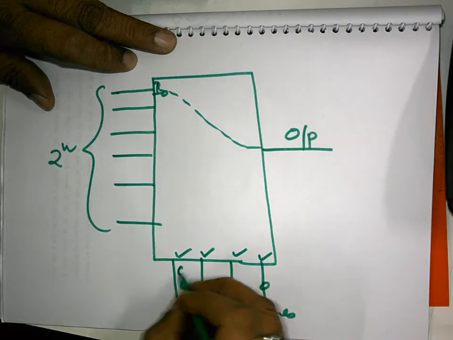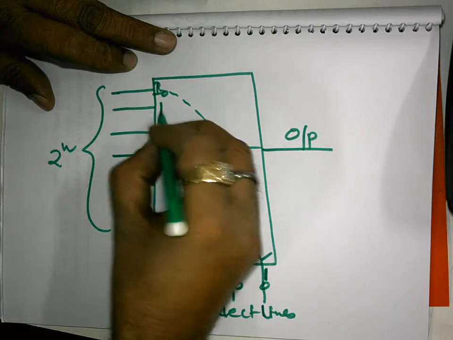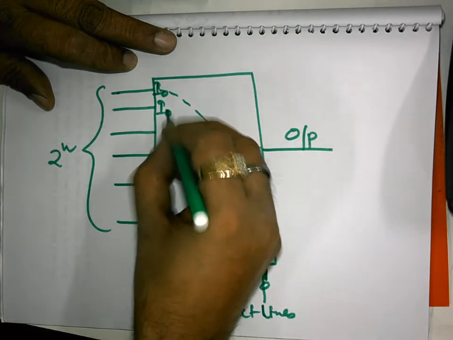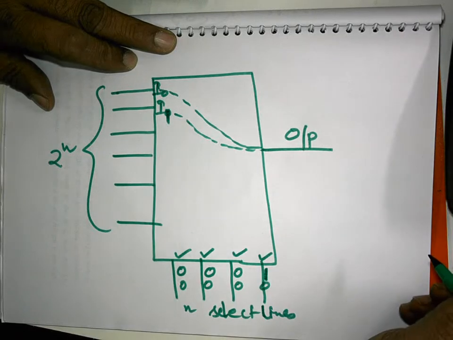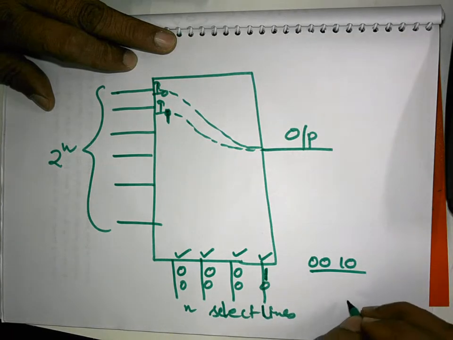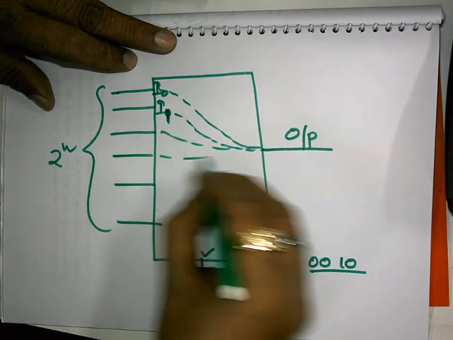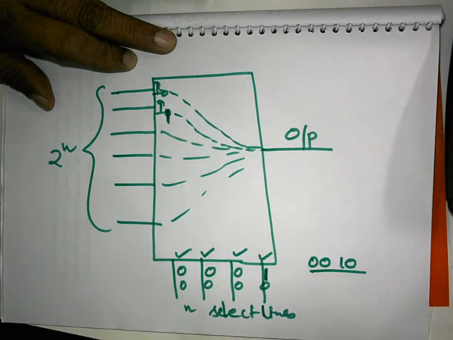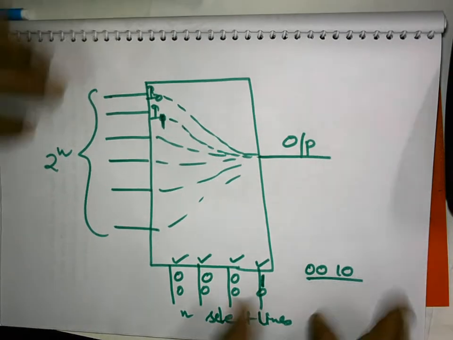Suppose we put 0 0 0 1 over here, so I1 is now selected and its binary pattern is routed to the output. If 0 0 1 0 has been kept on this select line, then I2 will be selected, and similarly depending on this we can select any of the input lines to route at the output.